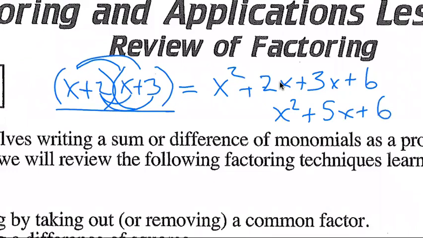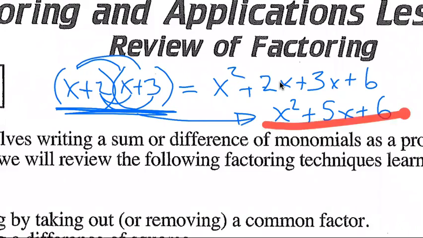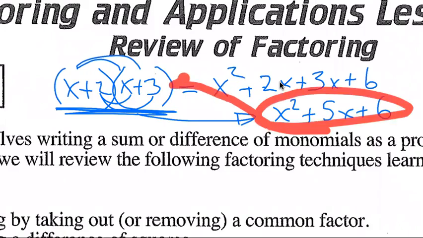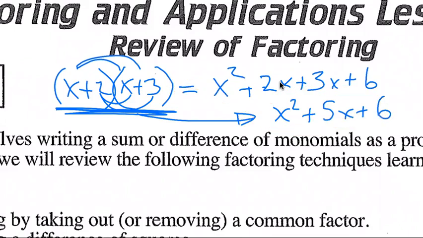If I can expand this to get to this, then I should be able to factor this to get back to this. Okay, so that's how factoring and expanding using distributive property are related. So hopefully that is something that you did remember.